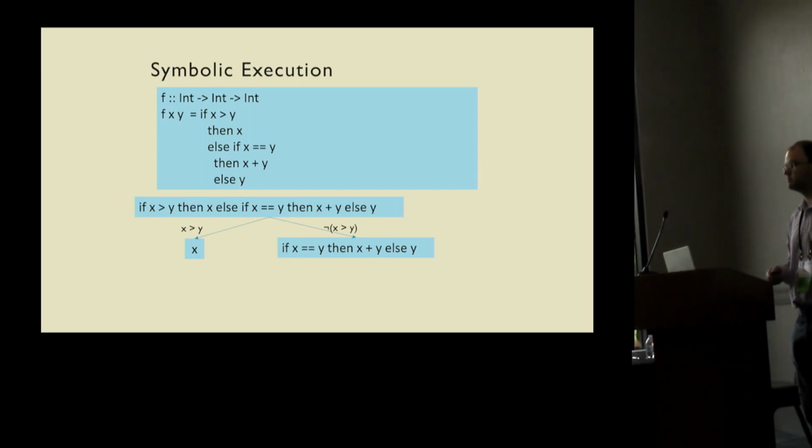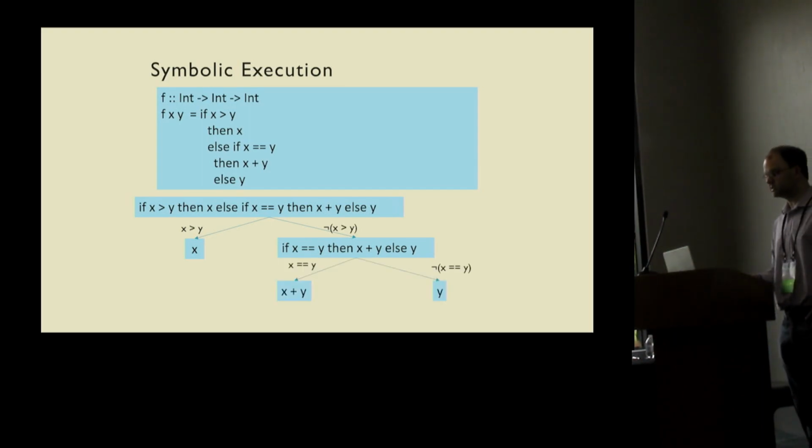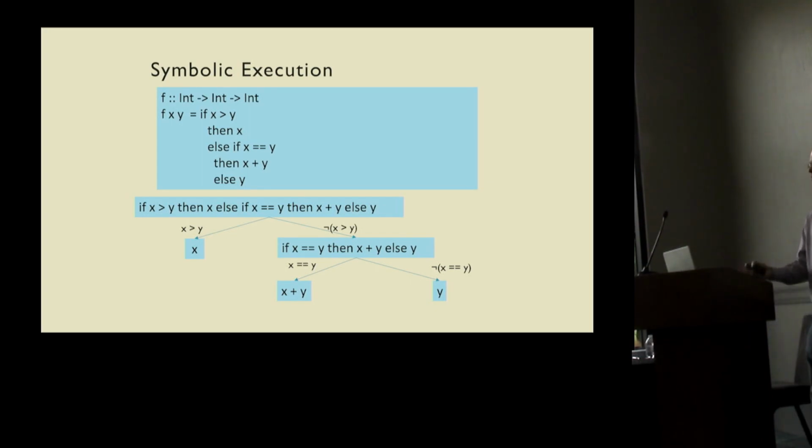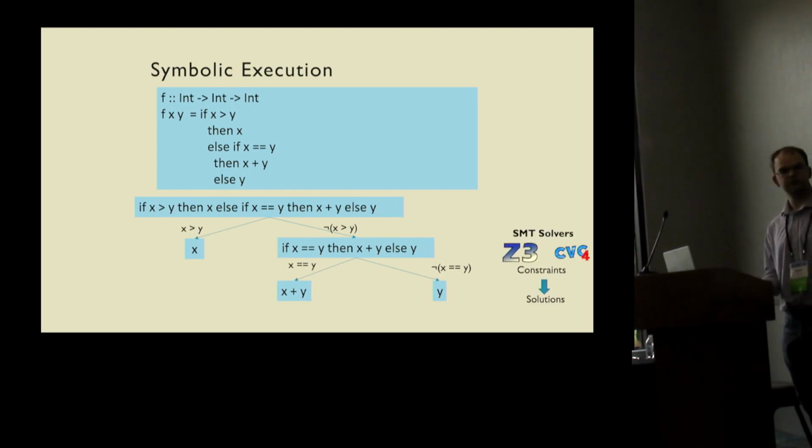From this if statement, we again branch into two states, one where x is equal to y, one where x is not equal to y, and we've finished symbolic execution of this program with three possible outputs and path constraints to get to each of those outputs. If we wanted to find actual values that led to one of the points in this code, we could hand these constraints off to an SMT solver and find actual values that lead down a particular path.